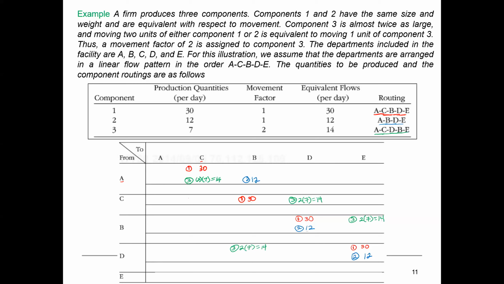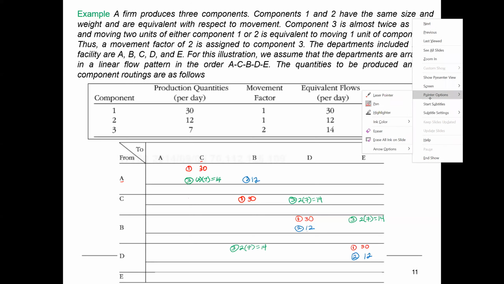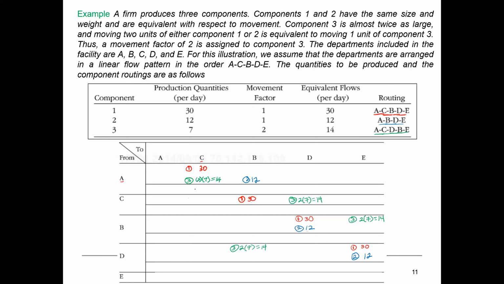Okay. So at this point, we just have to sum those locations or movements that have more than one product. We have to find the total for those. So I'm going to change the color here to black. In this case, from A to C is going to be 30 plus 14. So this is 44.